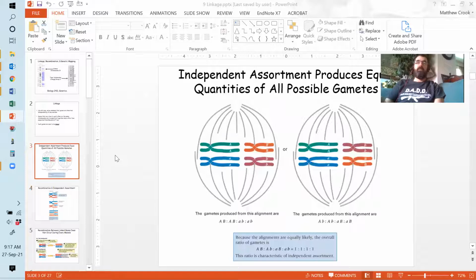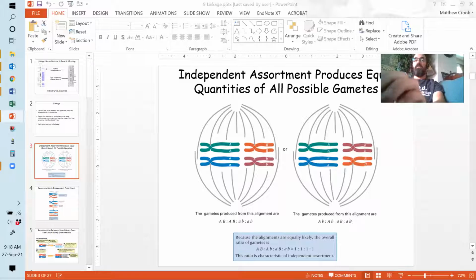So another way of typing out what Stephanie put, she's completely correct, but another way of putting it, which makes it a little clearer maybe for some people, is if two genes are unlinked or sort independently, you get a 1-to-1 to 1-to-1 ratio.